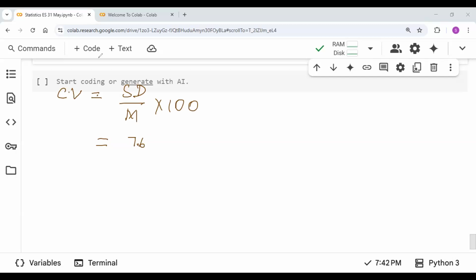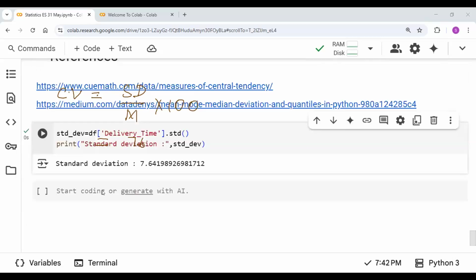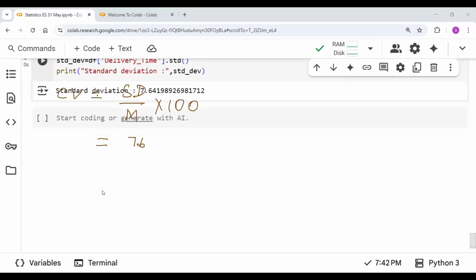I've shared this coding file with you, the same coding file you can refer to at your end. 7.6.